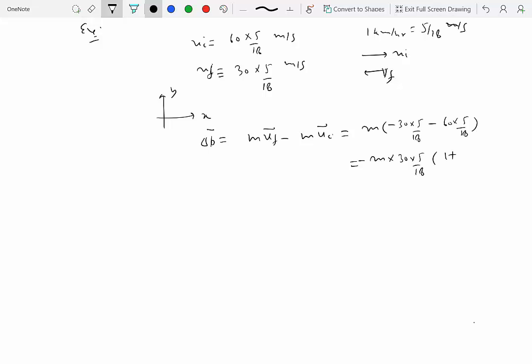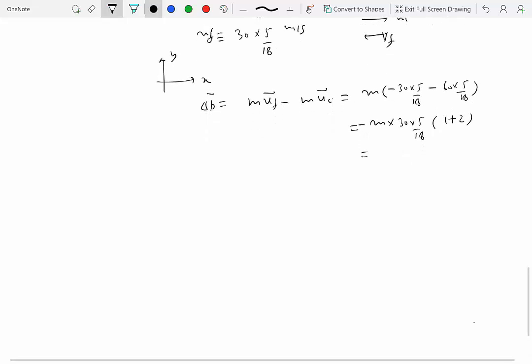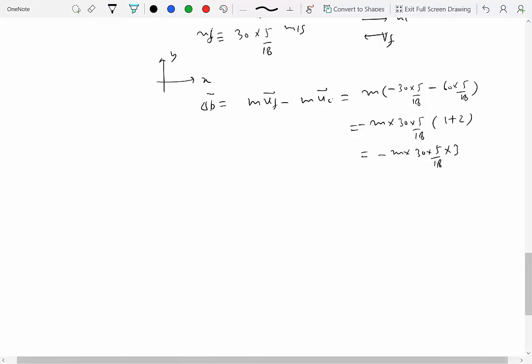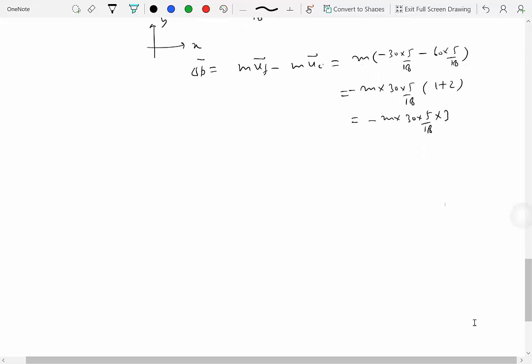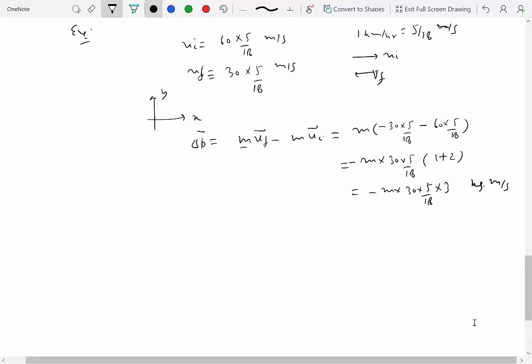So this is actually 1 plus 2, right? So that's actually 3 times. So that's minus m times 30 times 5 over 18 times 3, okay? So if you know an estimate for the mass of the car, let's say 500 kilograms or 1000 kilograms, we know this change in linear momentum, right? And this is in kilogram meters per second, because we have mass and the velocity in meters per second.